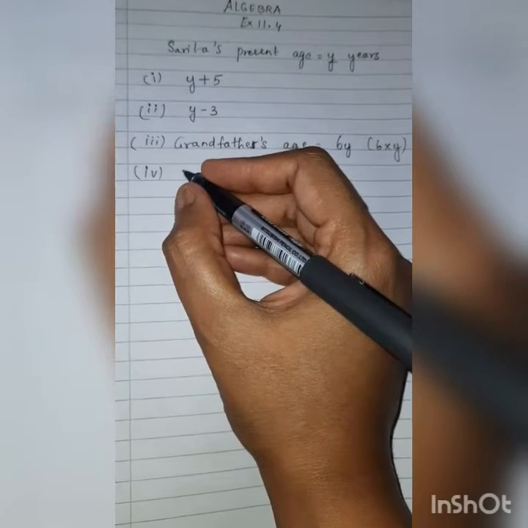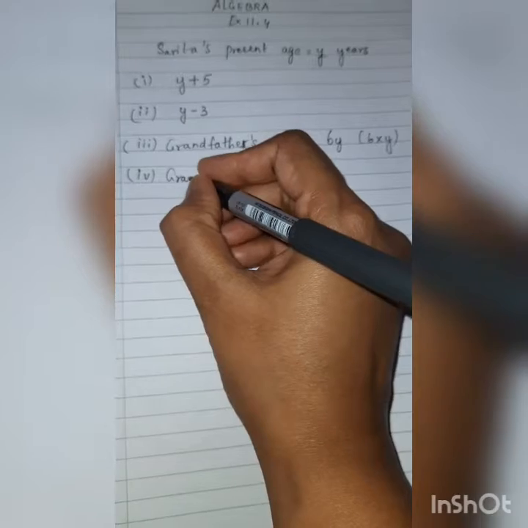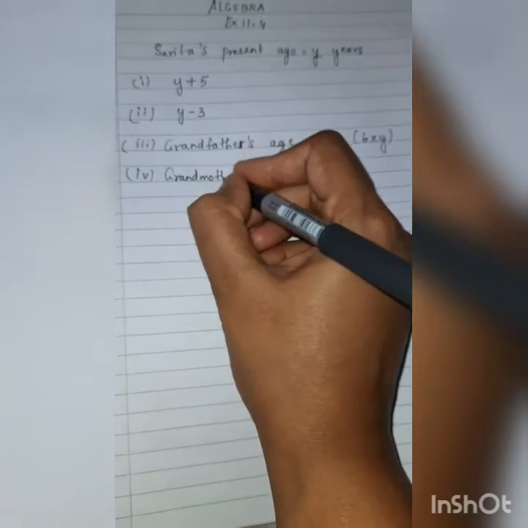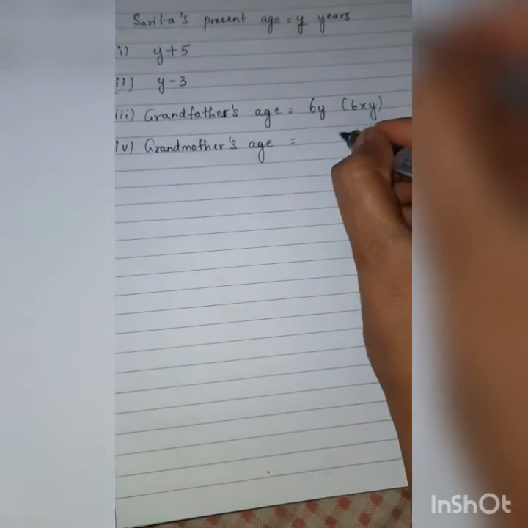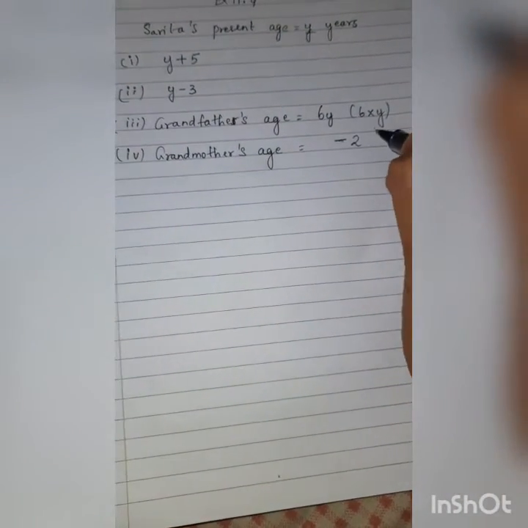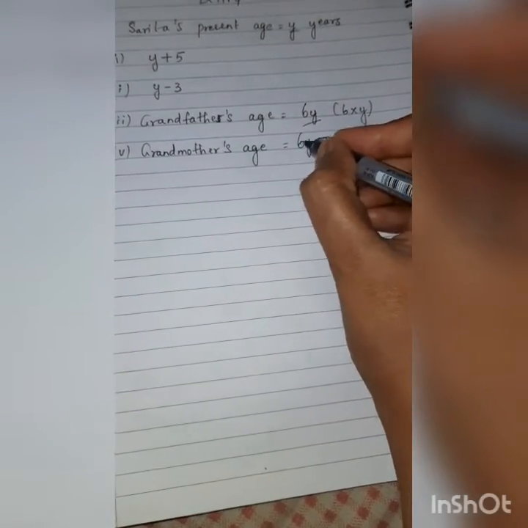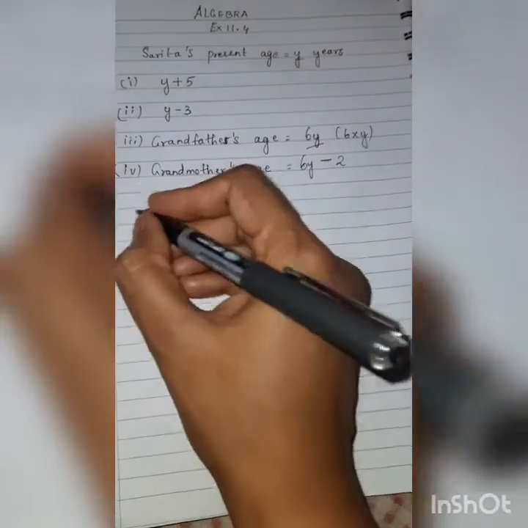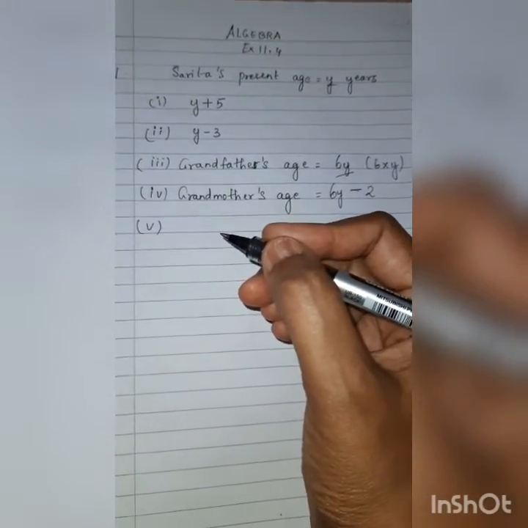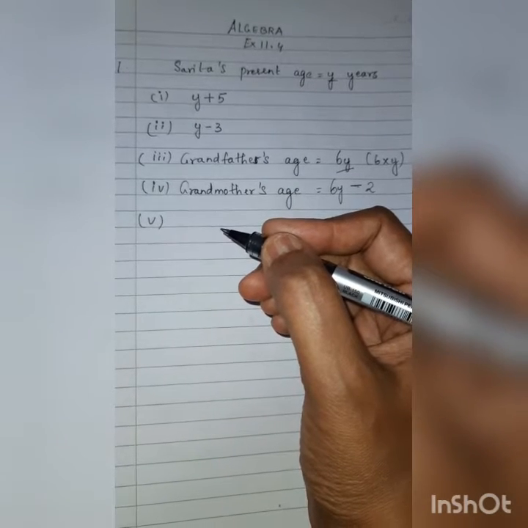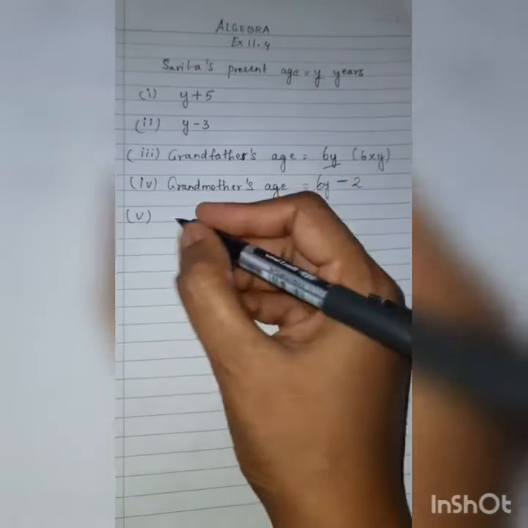Question 4. Grandmother is 2 years younger than grandfather. So grandmother's age, she's 2 years younger to grandfather. 2 years younger to whom? Grandfather, which we already know. So 6y minus 2. Fifth part of it. Sarita's father is 5 years more than 3 times Sarita's age.